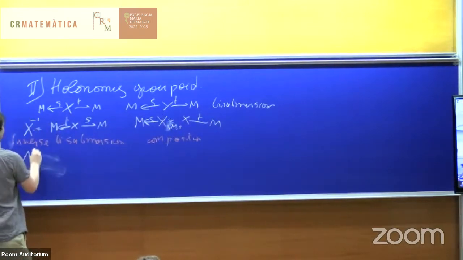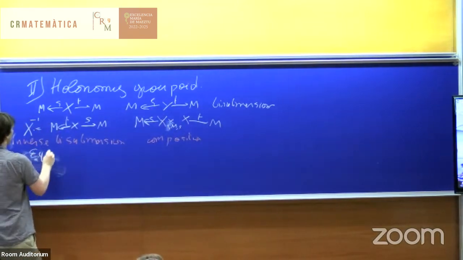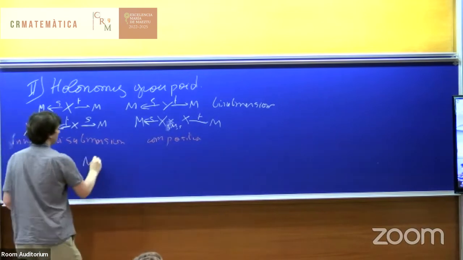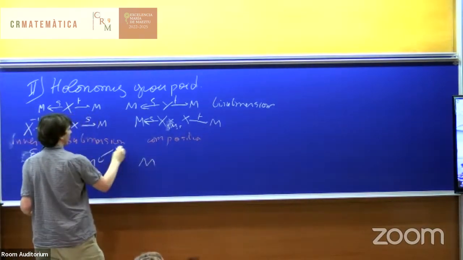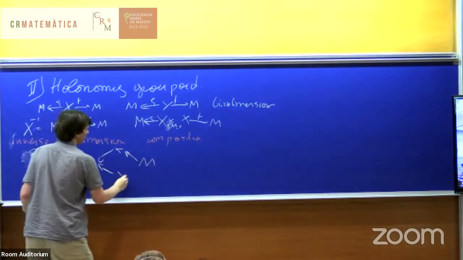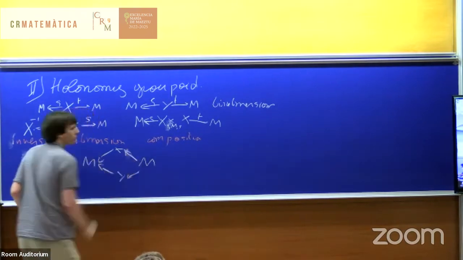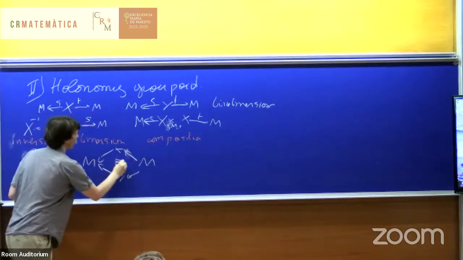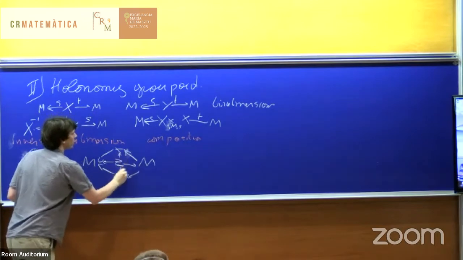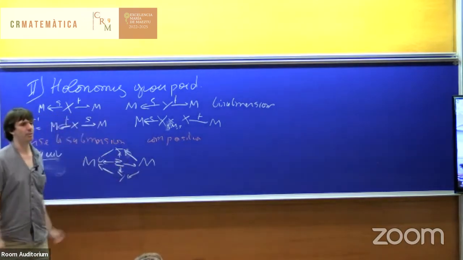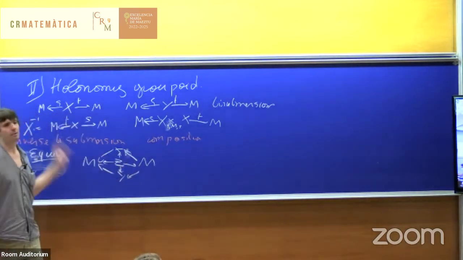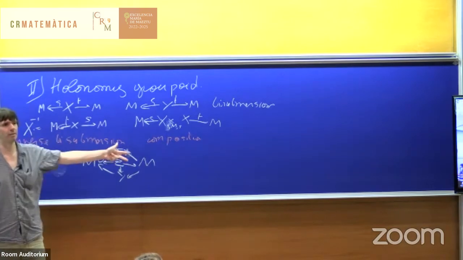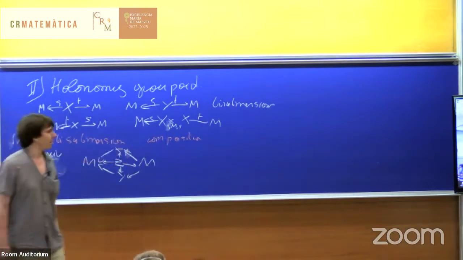Now, we call atlas. Oh, sorry. You have an equivalence of bisubmersions. I just make the picture. If you know Morita equivalence of groupoids, very logical. You say they are equivalent if and only if there is a third one, with a commutative diagram like this. Just think Morita equivalence of groupoids, it's the same.